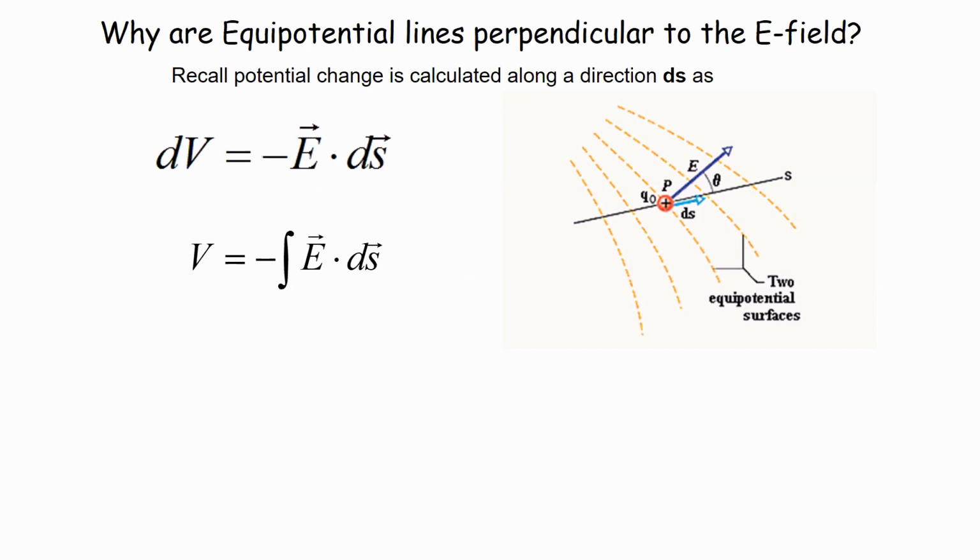And so now we have this relationship of the change of potential is equal to the negative, in this case, since this is the electric field doing the work, not me, the electric field dotted into the path direction that we're taking. And so we can integrate over the path and get the total potential difference between, you can say, the initial and the final location of our path.